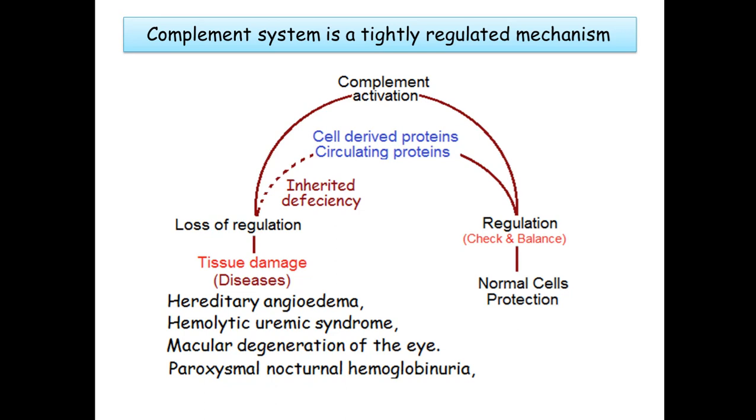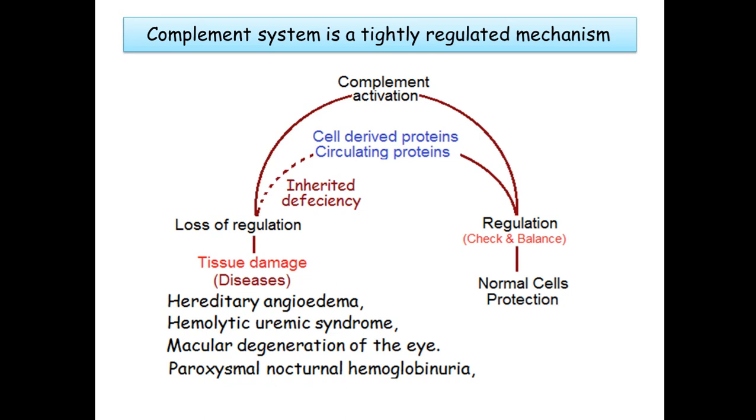But if inappropriately activated, it may cause damage to the body's healthy tissues. So there are regulatory mechanisms that only allow the complement protein activation in a limited way, and when the activation is not needed, they stop them and decay them.